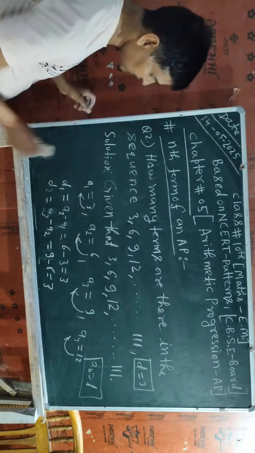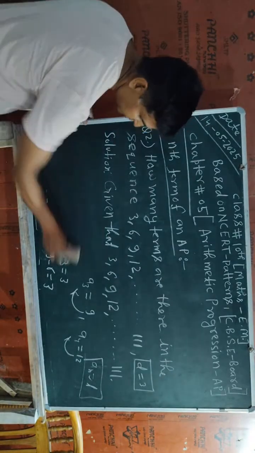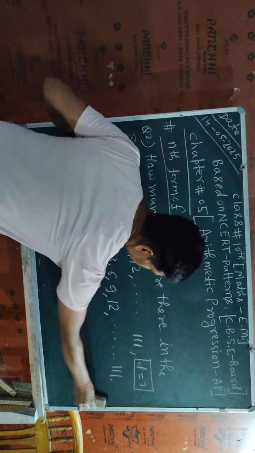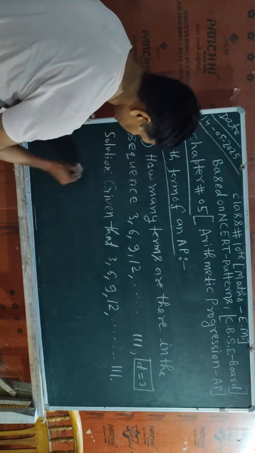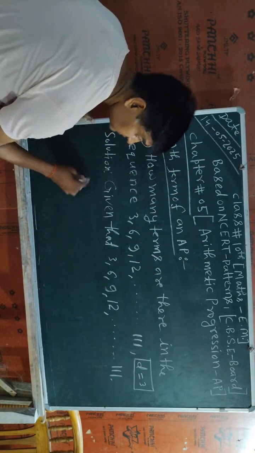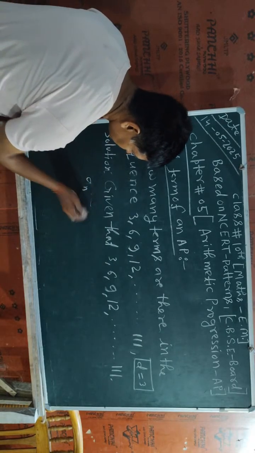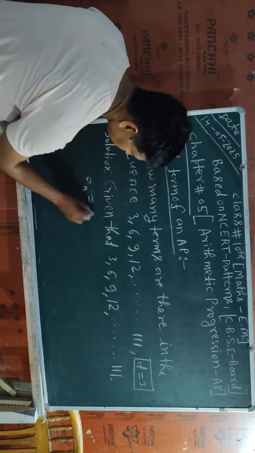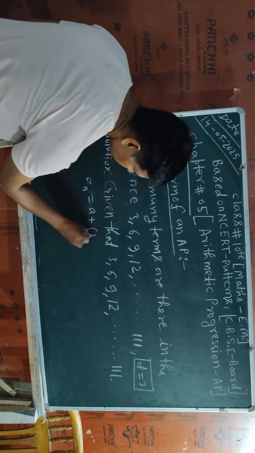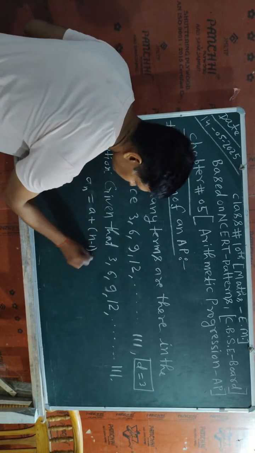Okay, students. So further I am going to erase it, and after erasing I will use the nth term of an AP. So here I am going to write, according to the question, the nth term of an AP is equal to a plus (n minus 1) into d.